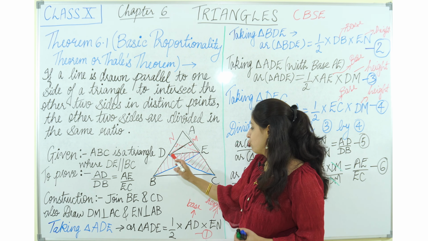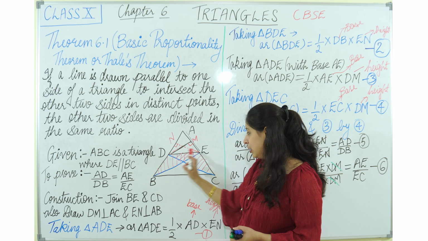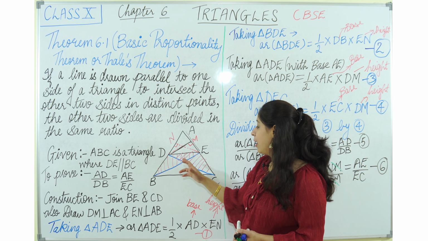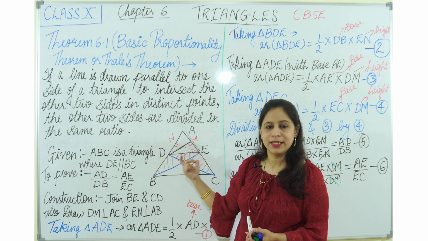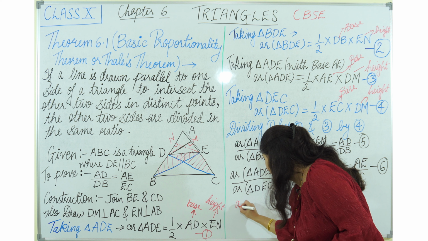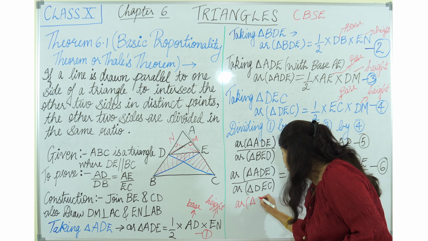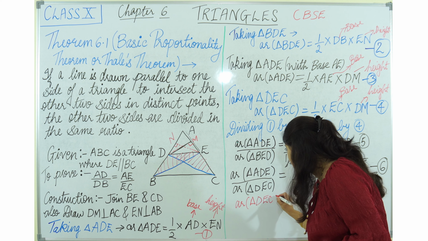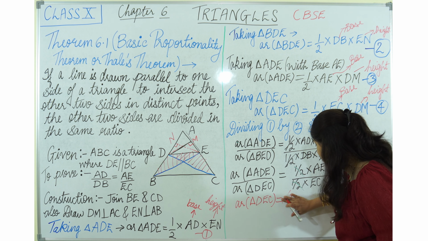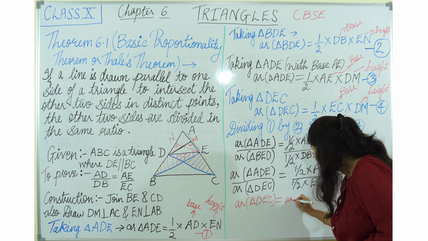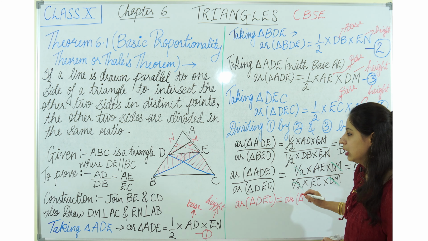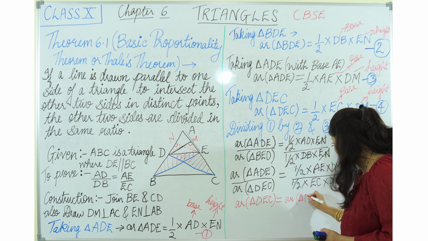So the triangle DEB and the triangle DEC are between the same parallels DE and BC, and they are standing on the same base DE. So the area is equal. So the area of triangle DEC is equal to area of triangle DEB.